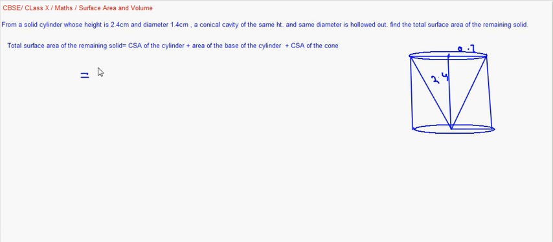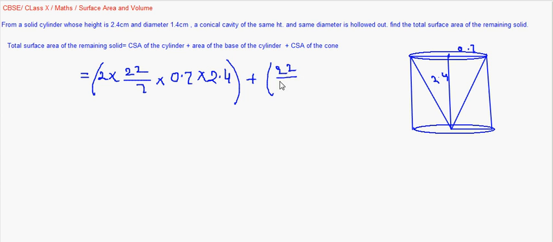Curved surface area is 2 pi r h, with r as 0.7, plus pi r square. I'll write that last part below. That's the curved surface area of a cone.